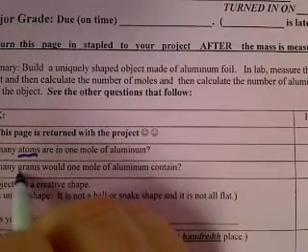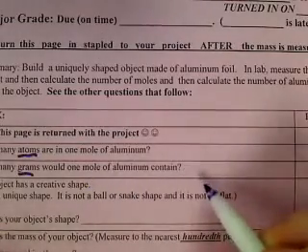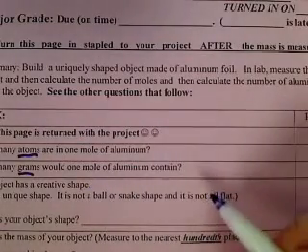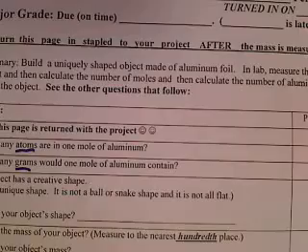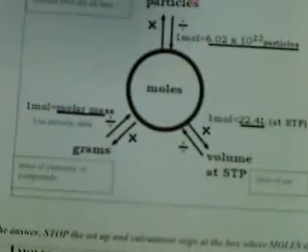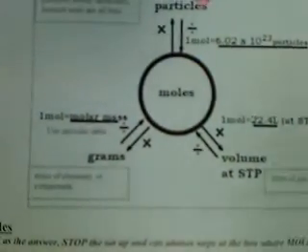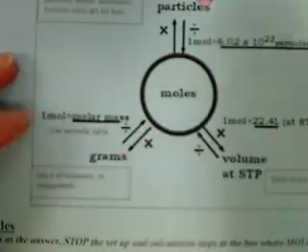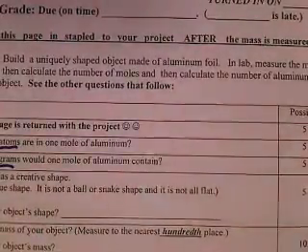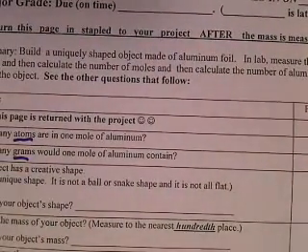How many grams would 1 mole of aluminum contain? Okay, here is where you need to go back to the mole map, right? Or think about what we learned in class. 1 mole is molar mass. Okay, where do we find the molar mass? Oh, right, that's on the periodic table. So, go back to the periodic table and look up aluminum.